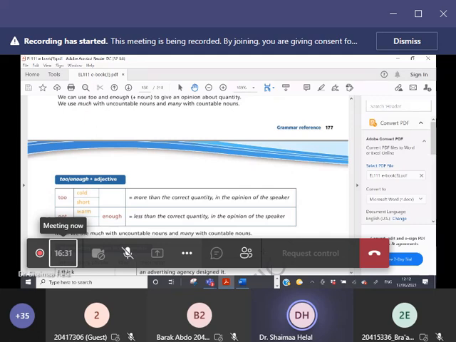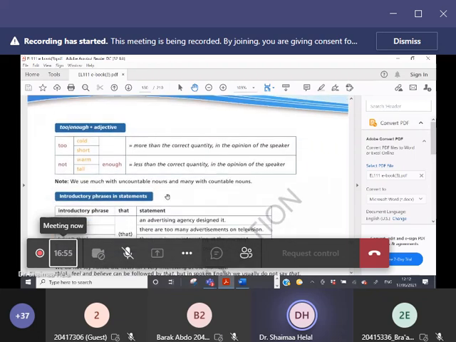Give me an example of an uncountable noun. I already gave you an example: money. This is something uncountable. And we are using many with a countable noun, for example, television, because I can count it: television, televisions, and so on. Okay? Now we are moving to introducing phrases in statements.